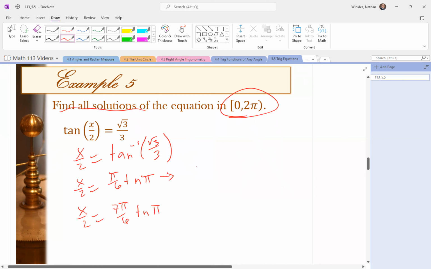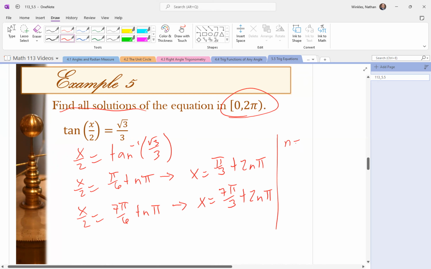So this tells me that x equals pi over 3 plus 2n pi. This tells me that x equals 7 pi over 3 plus 2n pi.